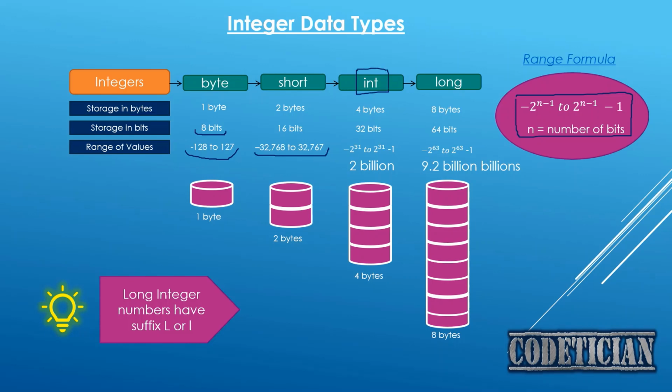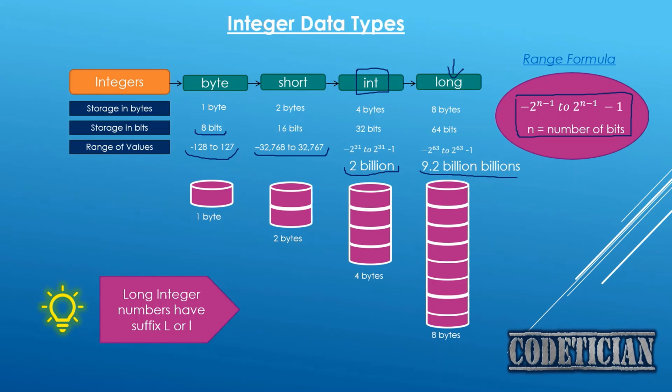So if you have a number greater than 2 billion, then you switch to long, and this solves most of the purposes. But if there's a number greater than 9.2 billion billions, then there's a different class that we use that we will probably discuss later. Again, you don't have to mug up all these values.